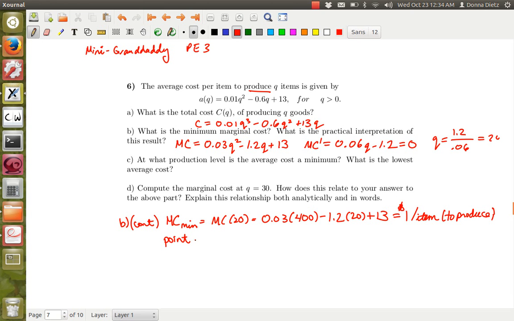But what do we mean by that? We don't mean cheapest average cost, but the smallest marginal cost. We're saying how much more it costs to produce one item, how much it costs to make just one more.